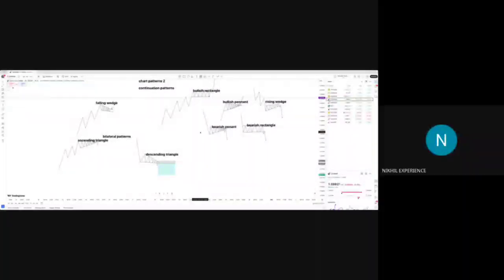So the next one we have is the symmetrical triangle. Now the symmetrical triangle is neither descending nor ascending. The triangle is just facing this way. It could either be coming from an uptrend or a downtrend. Let me just use the uptrend. This is what the symmetrical triangle looks like.